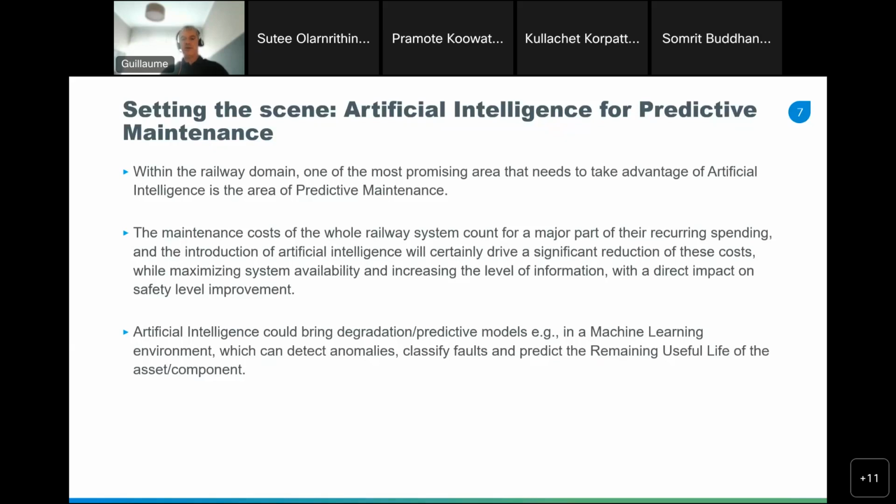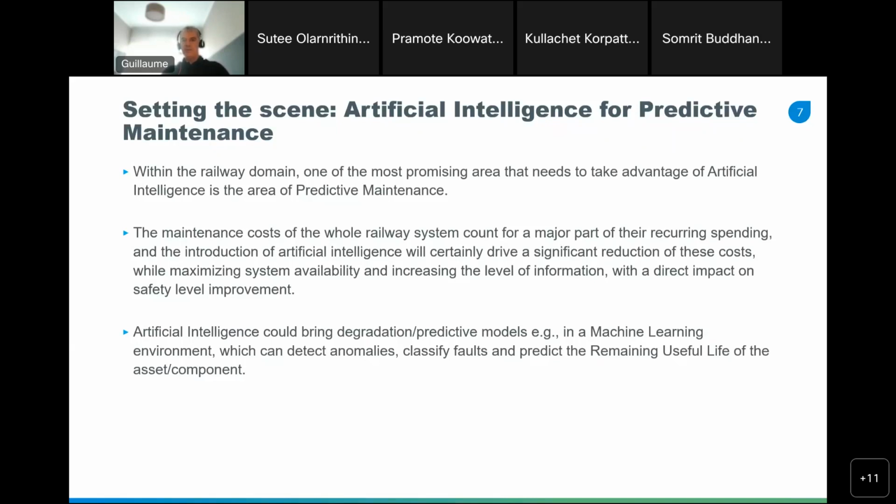That's what we have identified with all our railway members. So this is our first focus, to assess the possibility of AI for predictive maintenance.